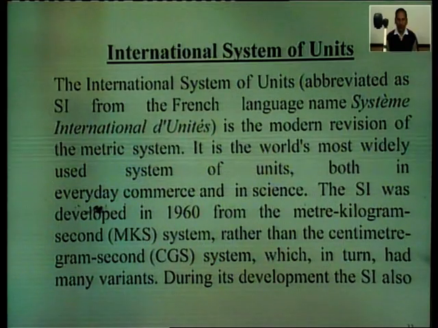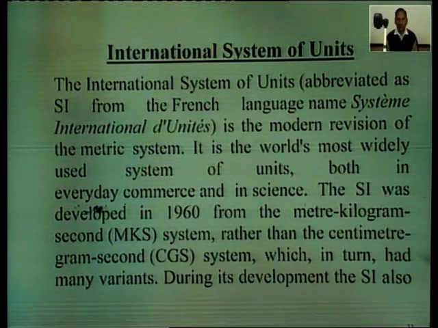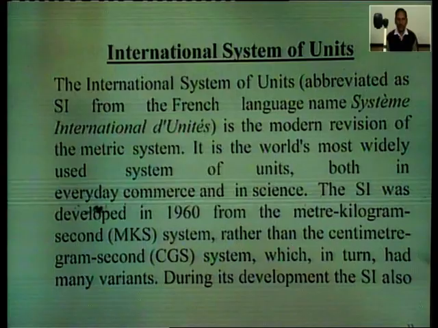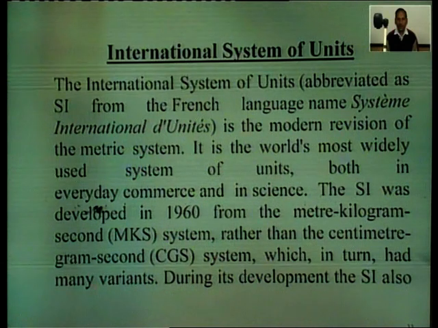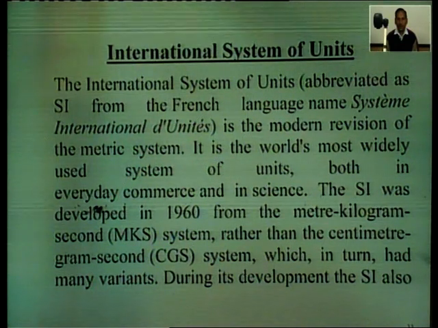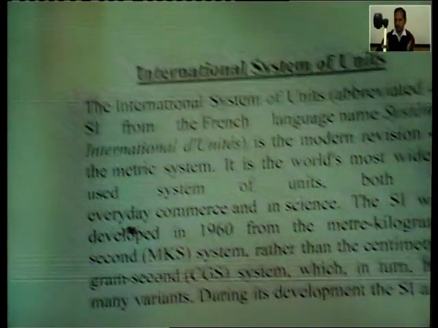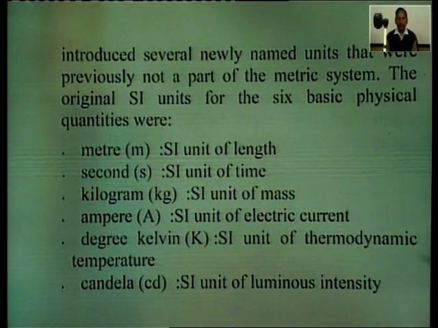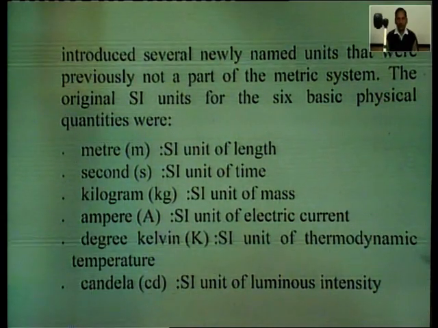The SI was developed in 1960 from the meter-kilogram-second system, shortly named the MKS system, rather than the centimeter-gram-second system, shortly named the CGS system, which in turn had many variants. During its development, the SI also introduced several newly named units that were previously not a part of the metric system.